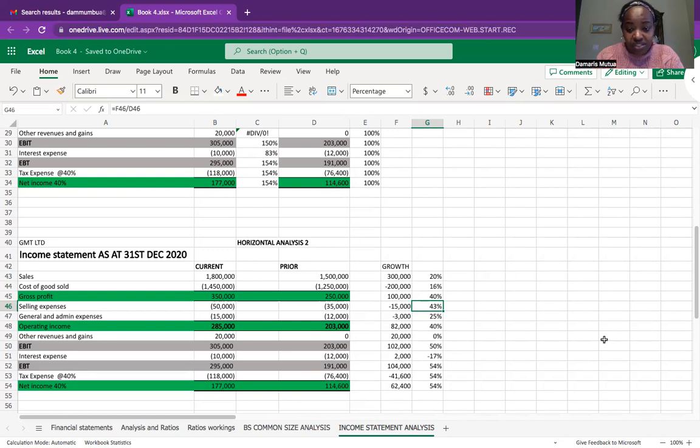Our admin expenses have grown by 25%. We need to know exactly what is happening there. Our operating income has grown by 40%. You know, when we see income growing, everyone is happy. But let's also look at the expenses. Our EBIT has grown by 50%.